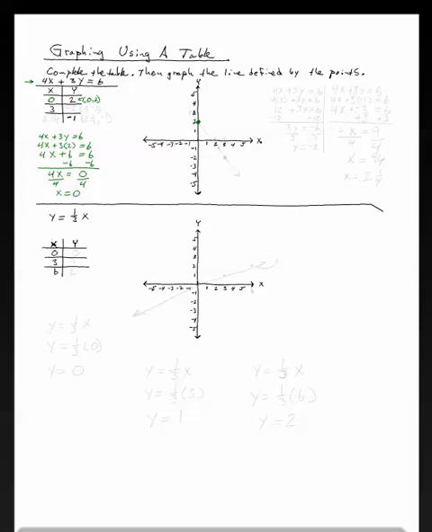Alright, so on to our next one, and they've given us x equals 3. So once again, we start with our equation, and that's 4x plus 3y equals 6. We're plugging in x is 3, so 4 times 3, plus 3y equals 6. And now solve for y. So 4 times 3 is 12, plus 3y equals 6. Solving for y, we need to get rid of the 12, so we subtract 12 from both sides.